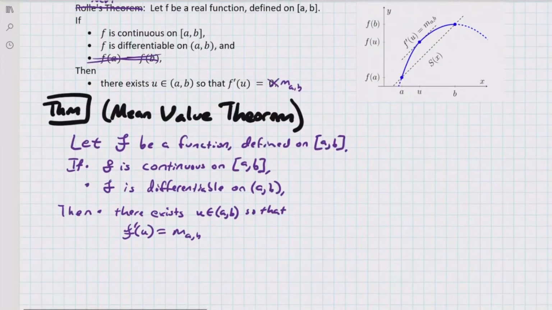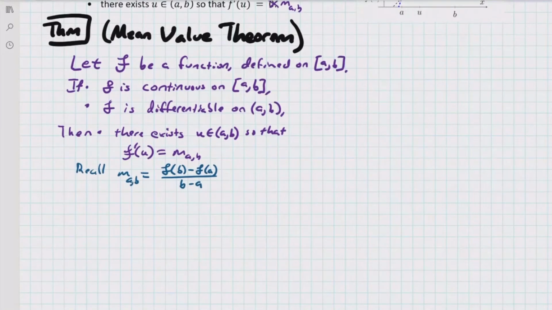And then, because I am good, I'm going to say we call m_{ab} equals f of b minus f of a all over b minus a. Or you can do it the other way around, because they're the same thing. If I put f of a in front, f of b on this side, but also switch the bottom, I've multiplied both the top and the bottom by -1, which is just fun. Okay, so that's our statement.